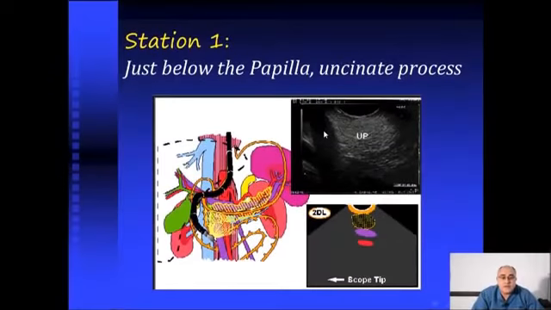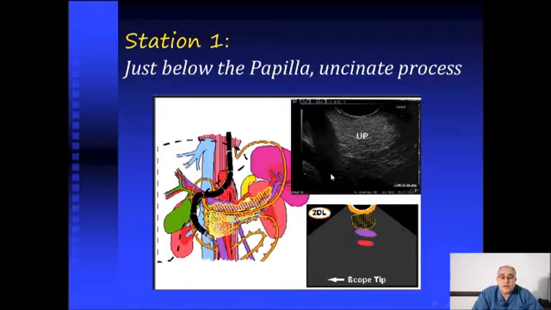Now we are starting examination of station 1 just below the papilla. Here the echo endoscope is just below the papilla, and here we do upward deflection by the big wheel. Then we can see a longitudinal tubular structure.